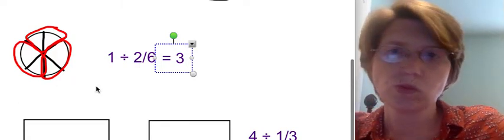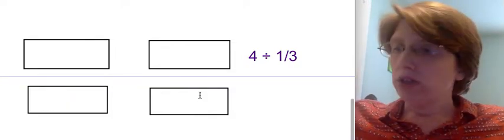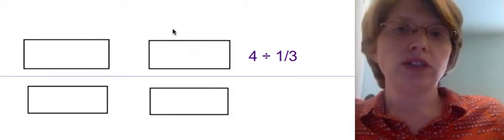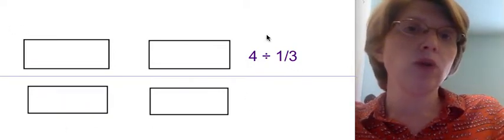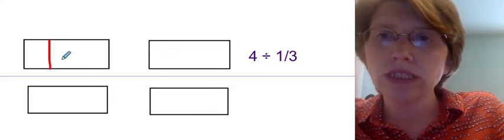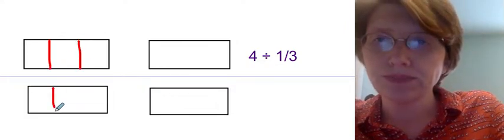Okay, let's look at the next one. So you have this picture for you, 4 rectangles. So it's 4 divided by 1/3. So we're going to take each of these boxes and we are going to split them into 3 pieces.